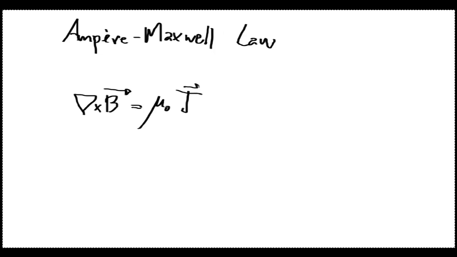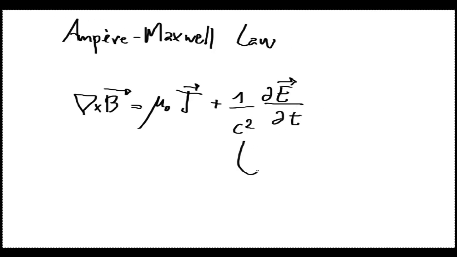Here is the current density, given by the vector J multiplied by the magnetic permeability of free space. And here we have a term divided by the constant c, the speed of light, times the time derivative of the electric field.